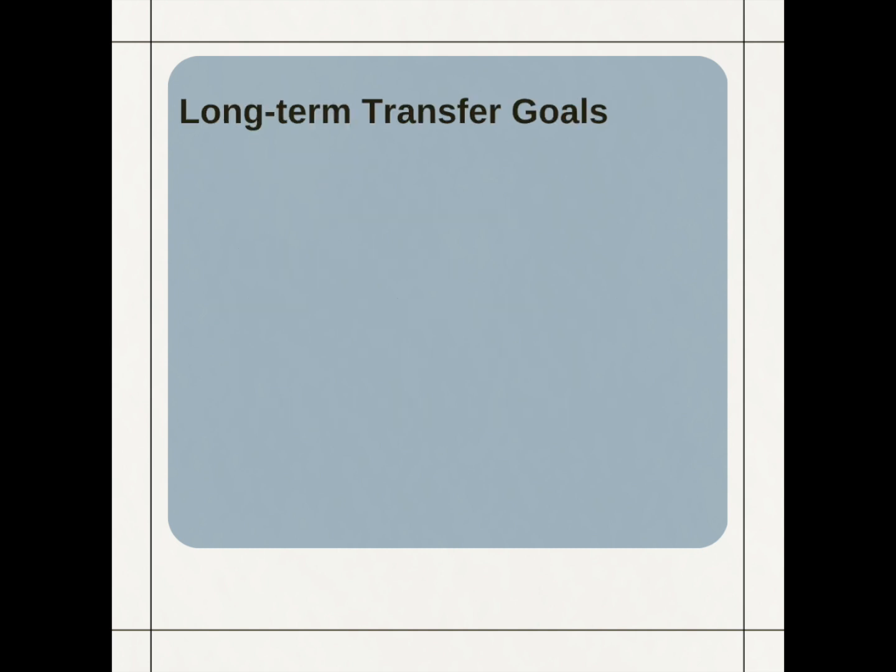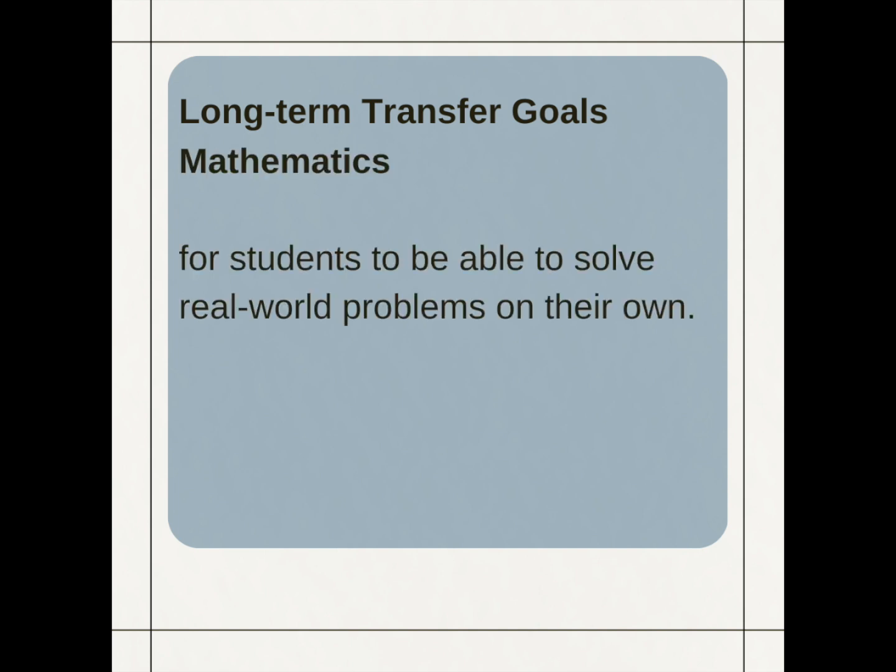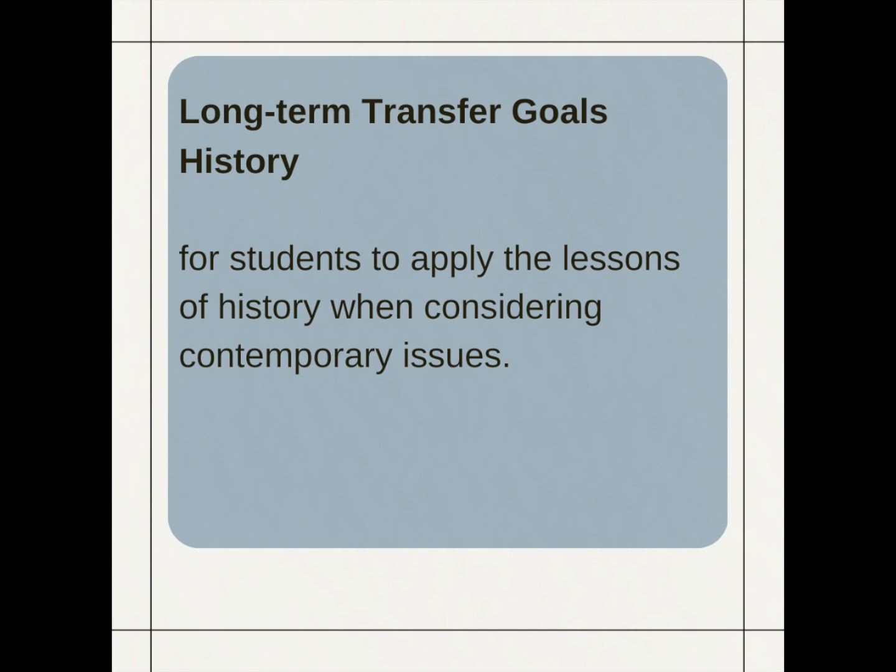Each academic discipline has a few overarching long-term transfer goals. For example, a long-term transfer goal in mathematics is for students to be able to solve real-world problems on their own. A long-term goal in history might be for students to apply the lessons of history when considering contemporary issues.